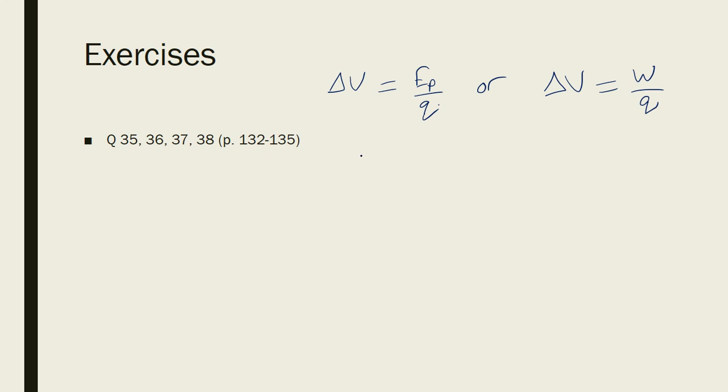You also need to know that current is the amount of charge per the amount of time passing a point in a circuit, measured in coulombs per second, or amps. And remember, potential difference is measured in volts or in joules per coulomb.